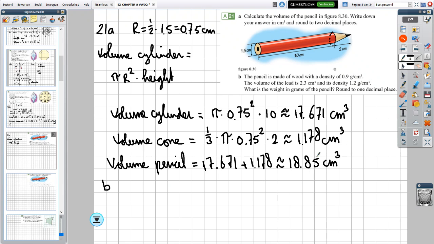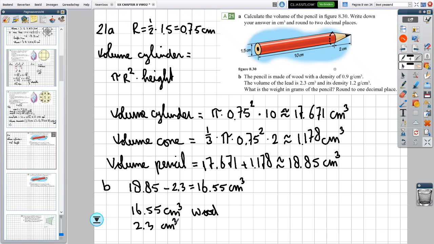So that means of my total volume, this is my total volume, wood plus lead, minus the lead, that will leave me with, I don't need a calculator for this by the way, 16.55 cubic centimeters. So this is what I'm left with, and now we have to carefully note that there is 16.55 cubic centimeters of wood, and there is 2.3 cubic centimeters of lead.